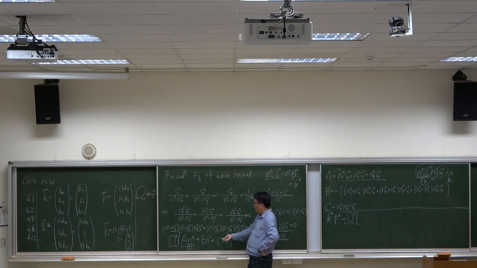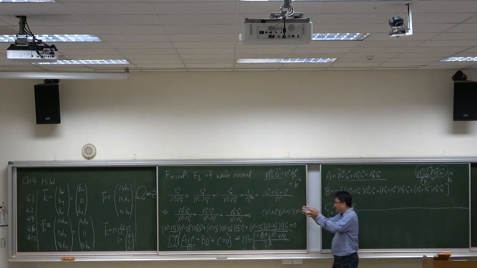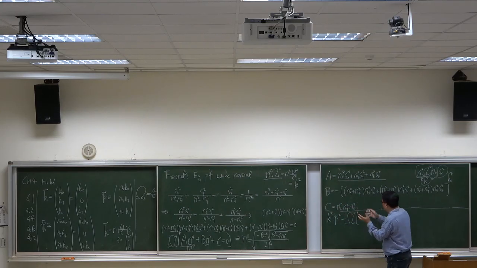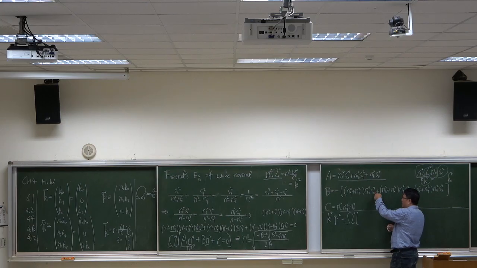We have only one n squared. So this n squared times omega squared gives us k squared. And the k squared times sx squared gives us kx squared. Times this gives us px squared.